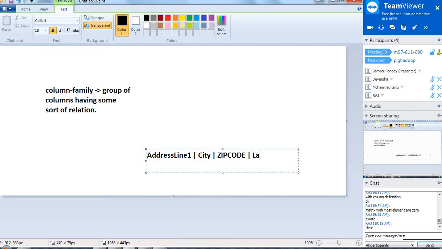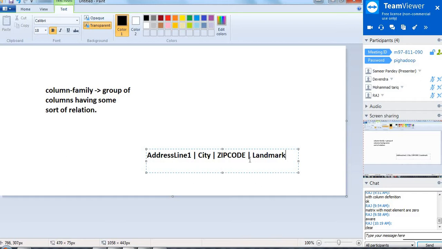Any landmark, anything is fine. So we have address line 1, city, zip code, landmark. How many columns have got created? 1, 2, 3, 4. We have four columns created.